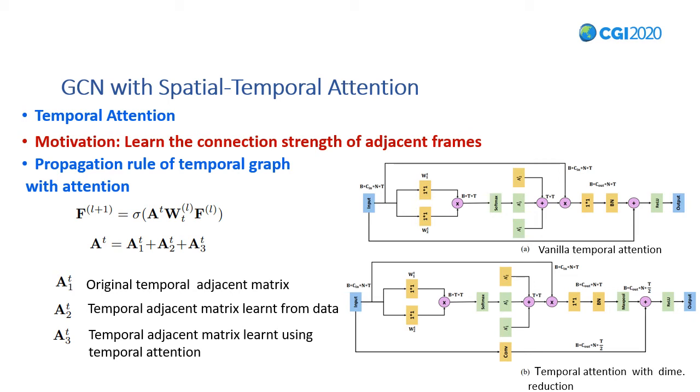The vanilla temporal attention layer contains more parameters than the temporal attention layer with dimension reduction. In order to achieve a good balance of network ability and total parameters of the network, we used different attention modules in different layers of our network.